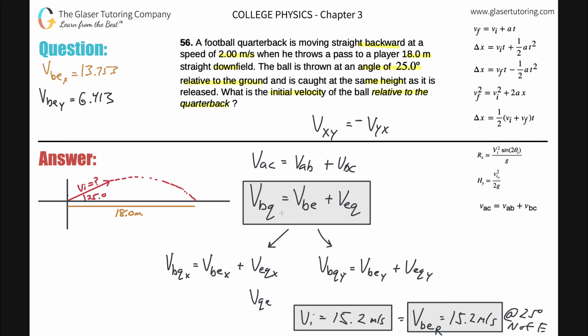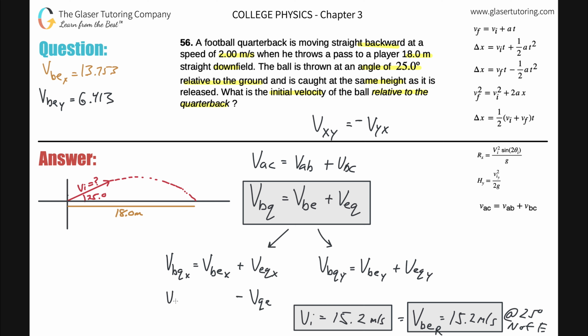The ground doesn't look to be moving to you. It's the ball that's moving, or the quarterback moving backwards relative to the Earth. So that's why it's nice to put the Earth at the end. Once I do that, though, I have to negate it. I have to make this minus.